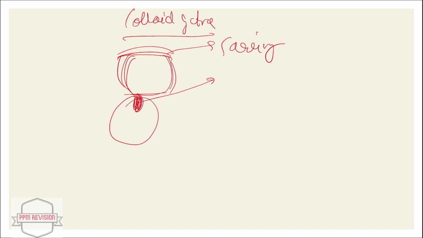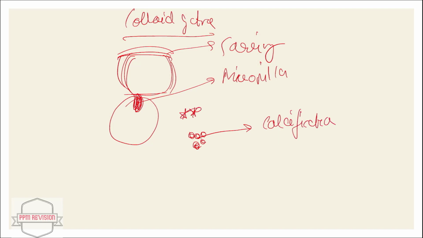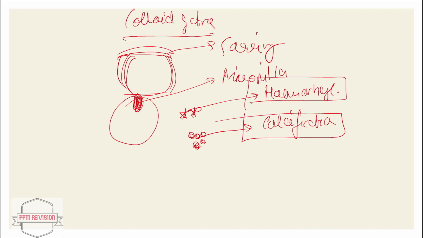There can also be presence of micropapillae, calcification, and hemorrhage. So in case of colloid goiter, we need to remember that there are hemorrhages and there's calcification.